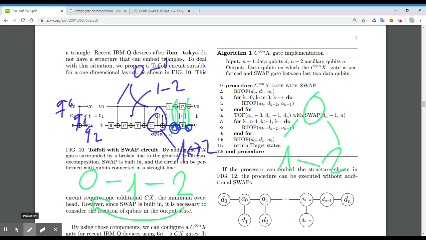So it's a connection between qubit 1 and qubit 0. So it's this one we already have in here. Now the swap is between 1 and 2, so we already have that connection, and so this one is not needed anymore. Yeah, okay, neat. That's a neat trick. Okay, I get it.